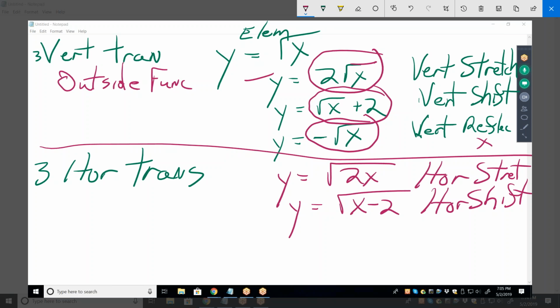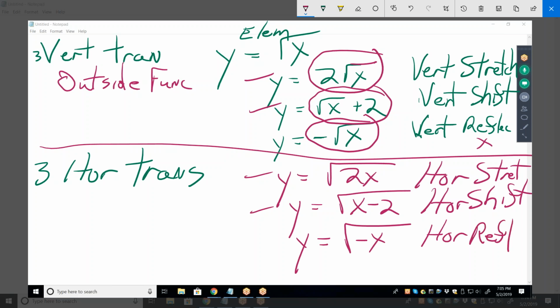In other words, that's a multiplier, that's adding or subtraction. That's a multiplier, that's adding or subtraction. And finally, also inside the function, that is a horizontal reflection, which is about which axis? The Y axis. Yeah, it's the other one.